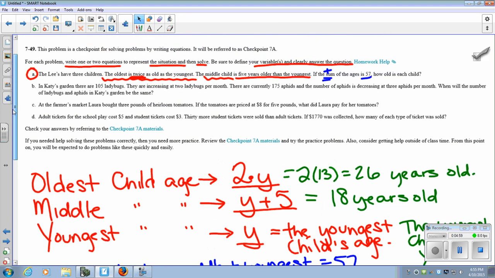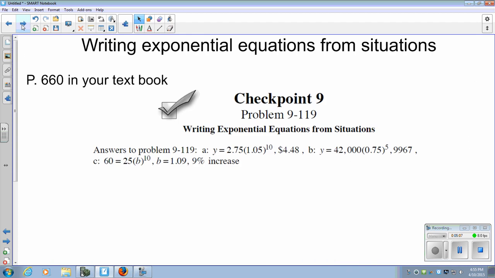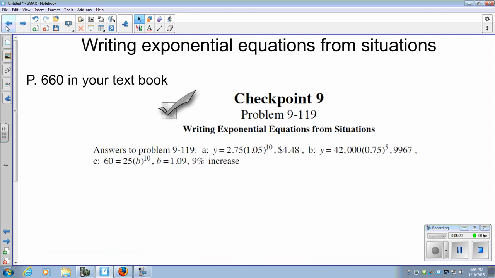If you want help solving any of the other problems, you can go to page 660 in your textbook. There's some very nice examples. Oops. This is just writing linear equations. So yeah, it's checkpoint 7A, and that's not the right one.